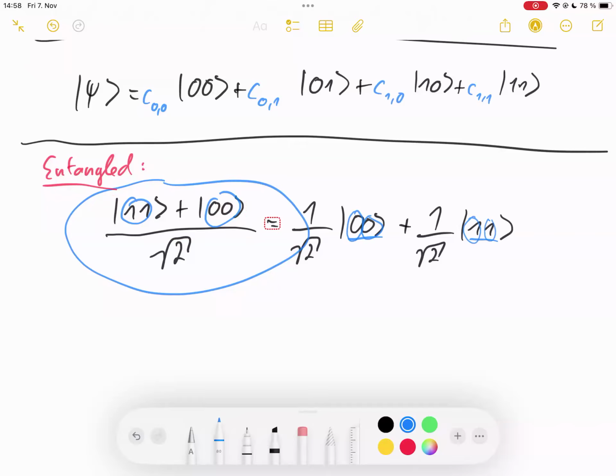And it not just happens with the first and the second qubit, it's a symmetrical relationship. If I measure the second qubit, I would also have automatically measured the first qubit. So as we see, this is one way we can describe, in our notation, two qubits that are entangled.